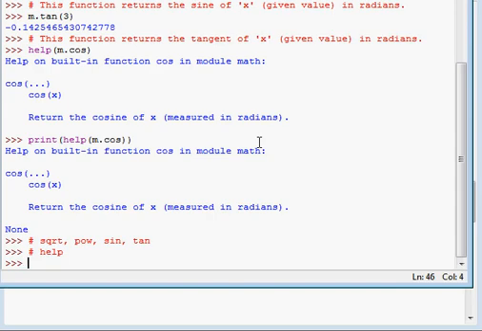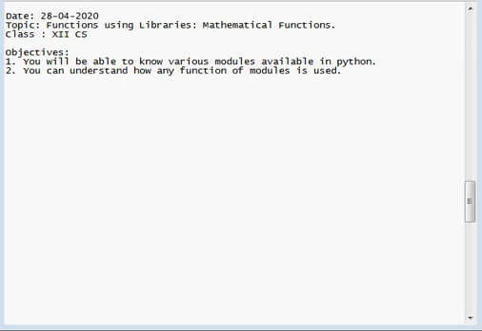And there is one more function that is not under math module, you can use dir also. Dir means directory.